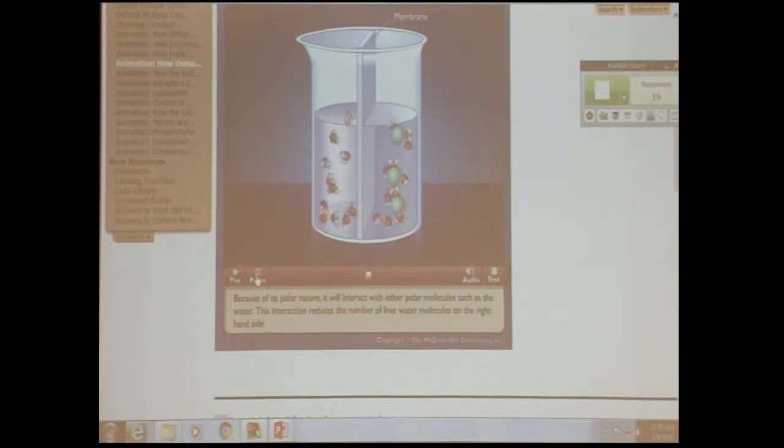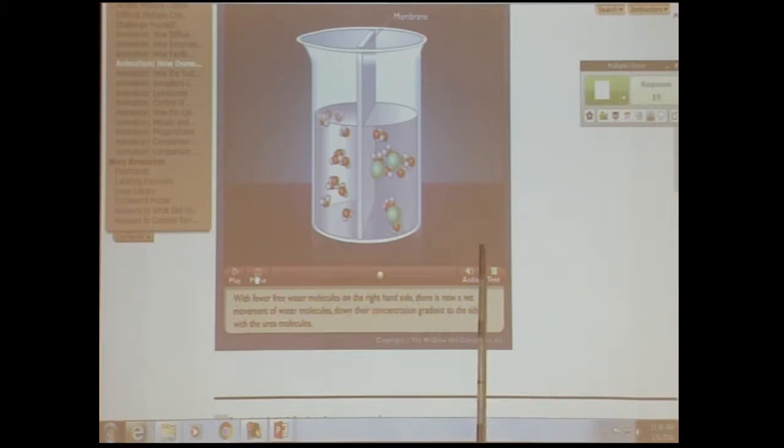So what do you see happening with those green urea molecules? They attached to the water, and since water is bouncing back and forth, these waters that attach to the urea can't move anymore. They're kind of attached. So which side has more free water? It's the left. So which way do you think water is going to move?